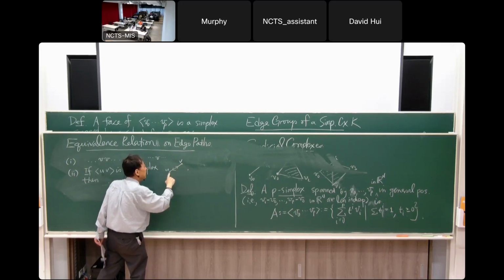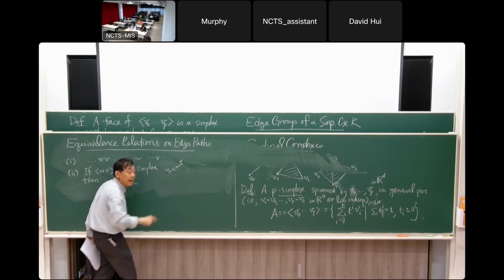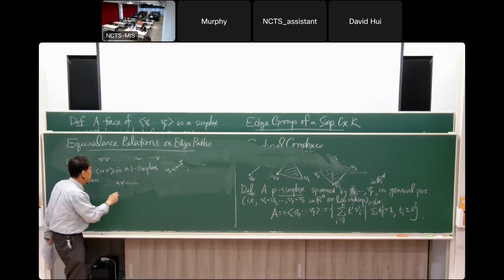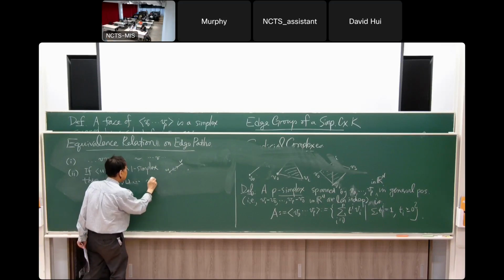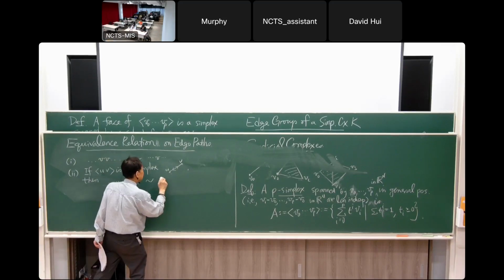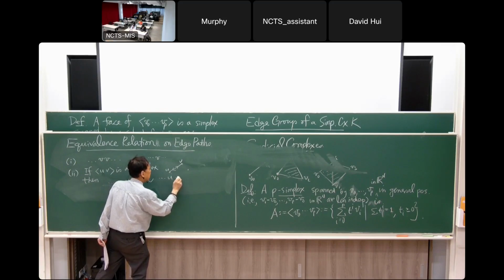So that means you go to V and then you come back to U. Okay, whenever you have UVU in your edge path, well, that's equivalent to just U.